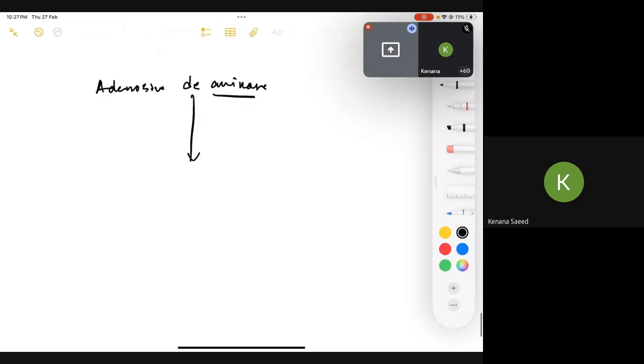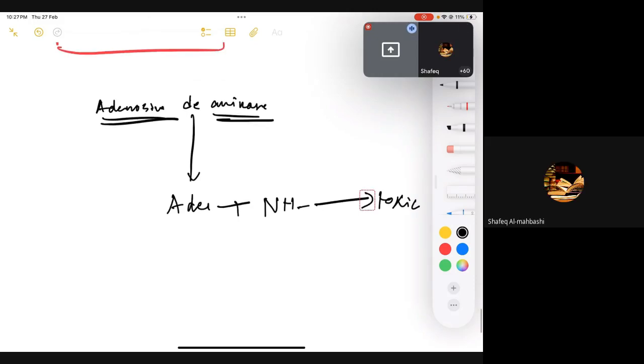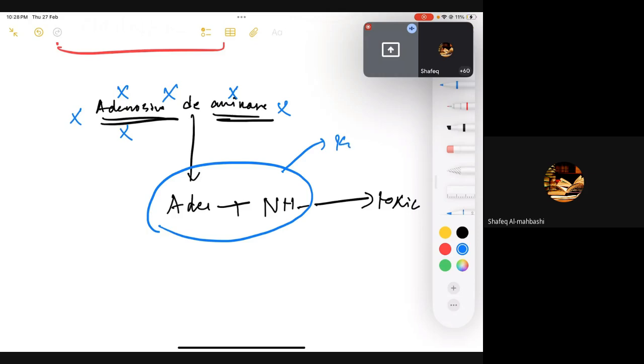Normally, it deaminates your adenosine. Why do we need deamination of adenosine? Because whenever adenosine is bound with some amine groups, they are toxic to the cells, right? The pathology which we discussed, SCID, was due to deficiency of this enzyme, and this metabolite was basically killing your cells.